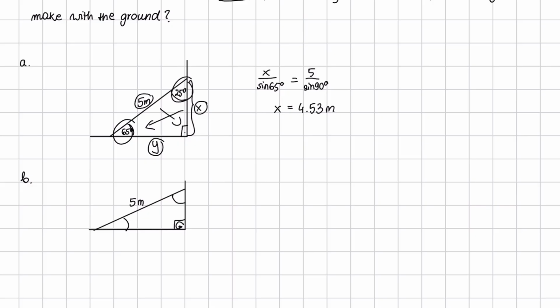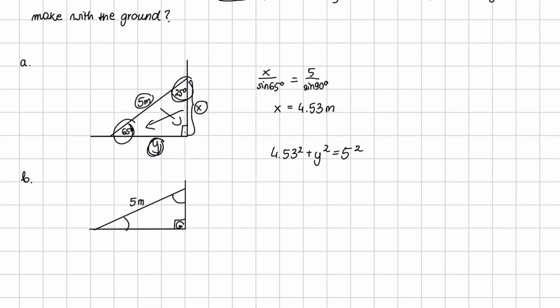So we can calculate it from the Pythagorean theorem. So 4.53 squared plus y squared equals 5 squared. So y is 2.12 meters. So this distance, let's denote it as z, is 2.12 plus 0.5, so 2.62 meters.